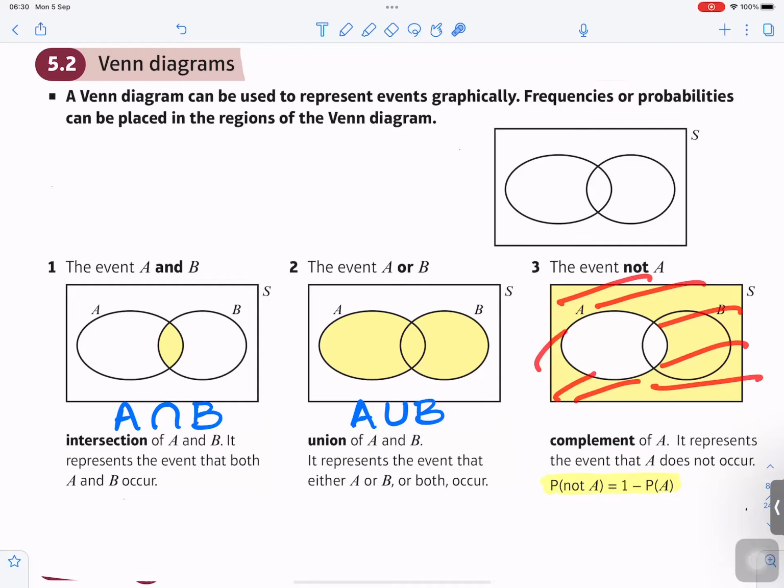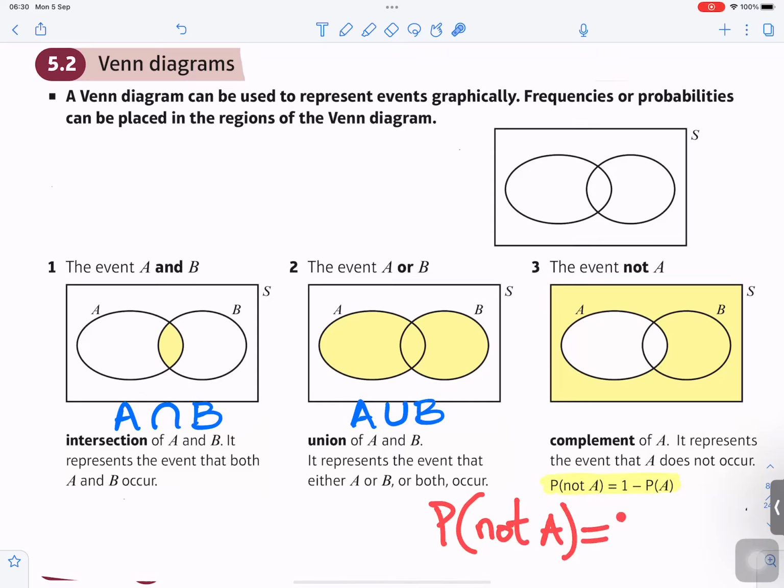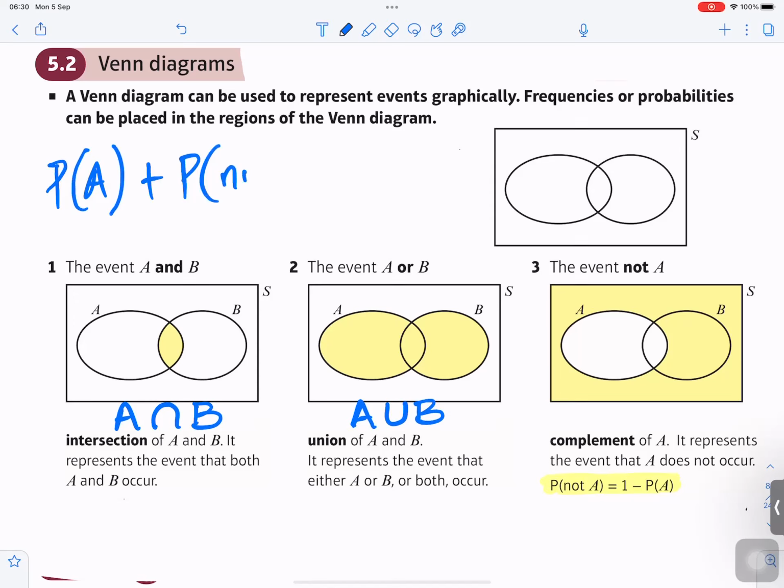So the probability of not A is 1 minus probability of A. And the way to think about it is probability of A plus probability of not A is equal to 1, because all the probability adds up to 1.